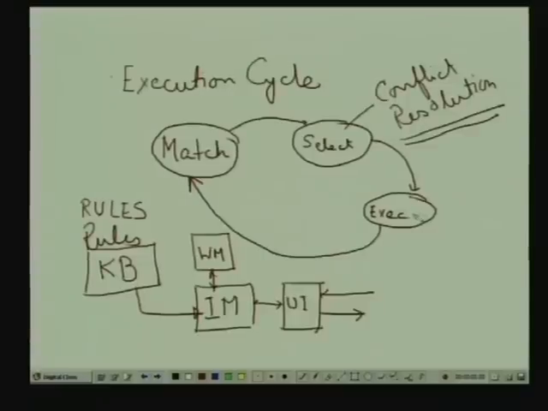As these rules are fired by the inference machine, new facts are generated which go to the working memory. Now, that will enable other rules to match, and this cycle will go on until no further rule matches or the goal with which we started the system is met.